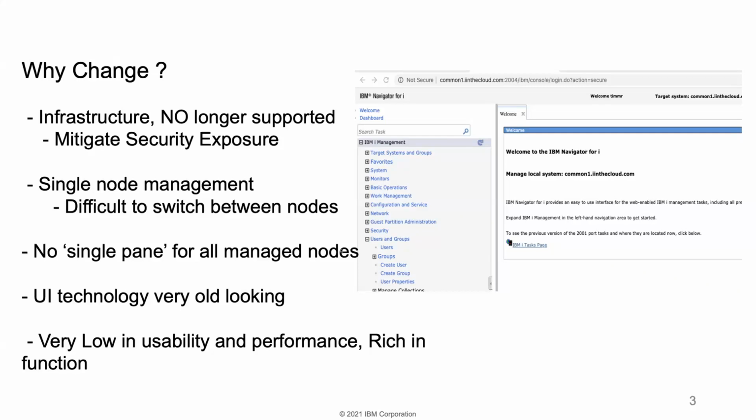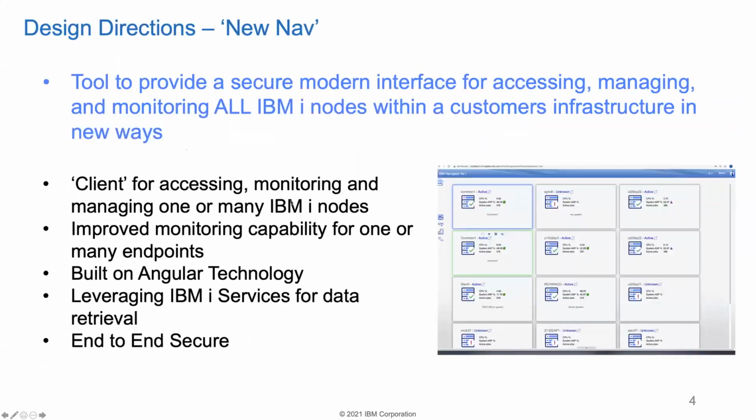And so this line in blue is really the statement of our overall strategic direction for this interface. We wanted to provide a tool that is secure, because in today's world, security continues to be a significant piece of the puzzle. Modern, right?